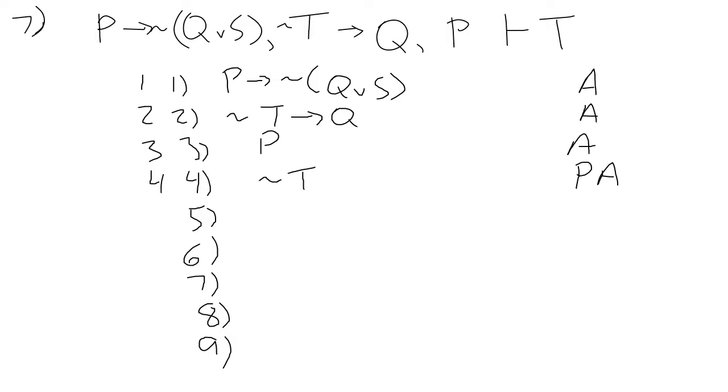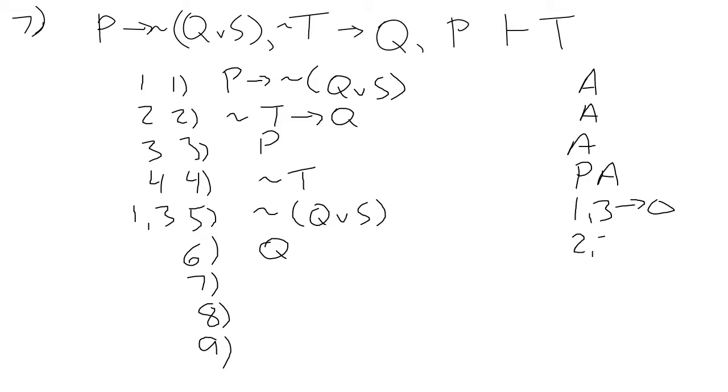We can toss the P into that first conditional to get tilde Q or S. So that's going to be 1 and 3, arrow out. We can toss the tilde T into the conditional in 2 to get Q. So that's going to be 2 and 4, arrow out.